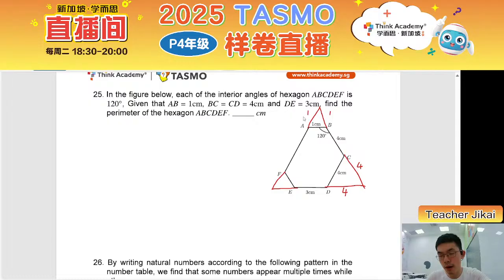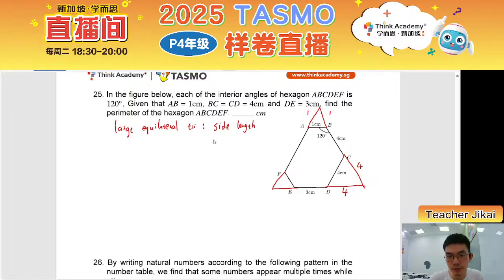However, once we compensate the 3 triangles here, the large equilateral triangle, we now have the side length.